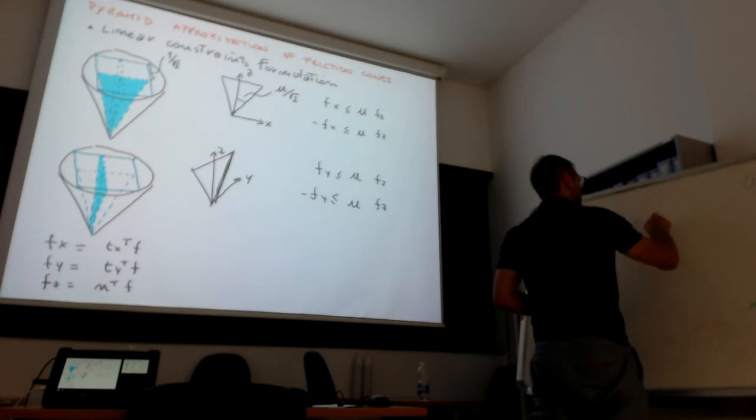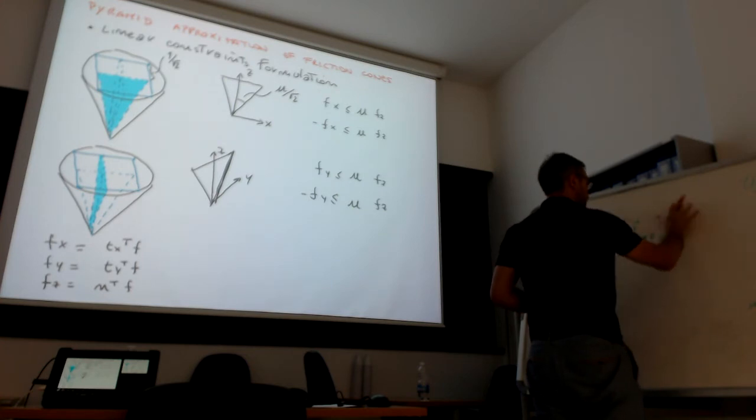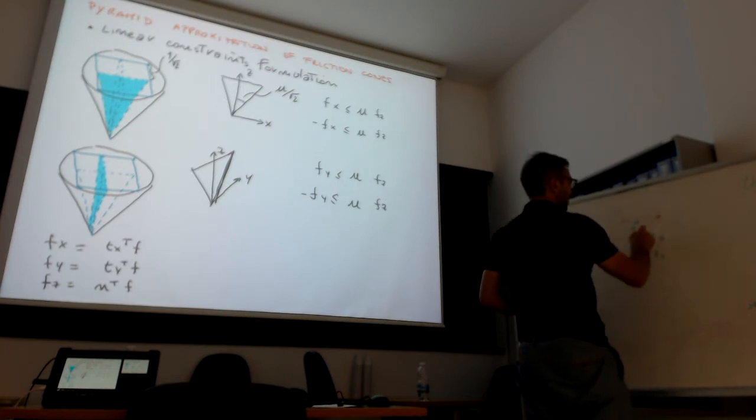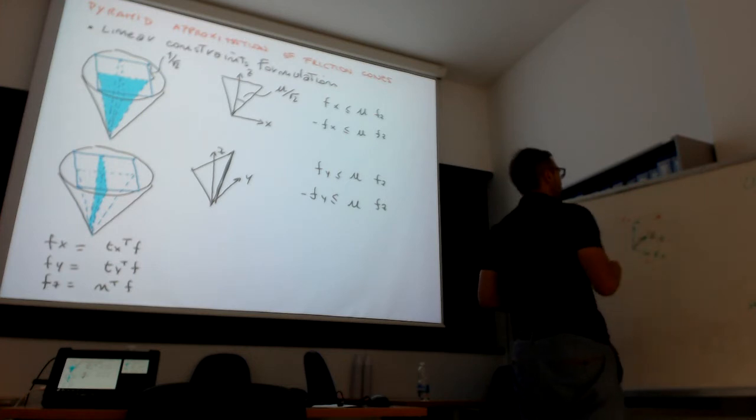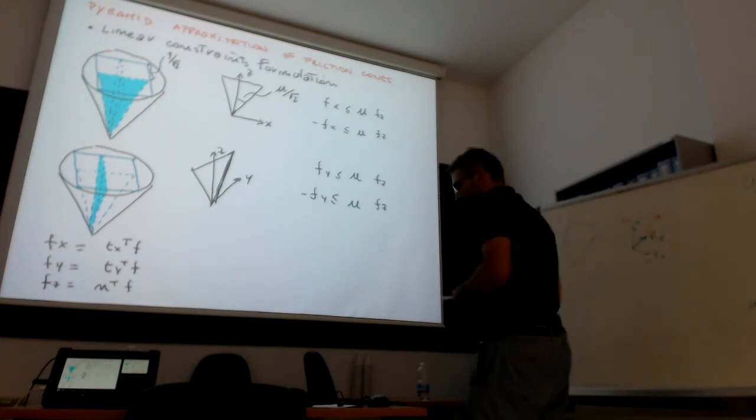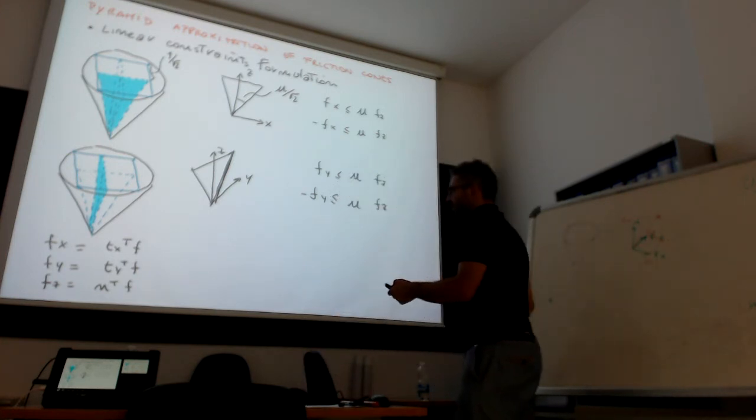You project to tx, and you find fx, and you project to ty, and you find fy. So doing the dot product, sorry, you project on each one of them.